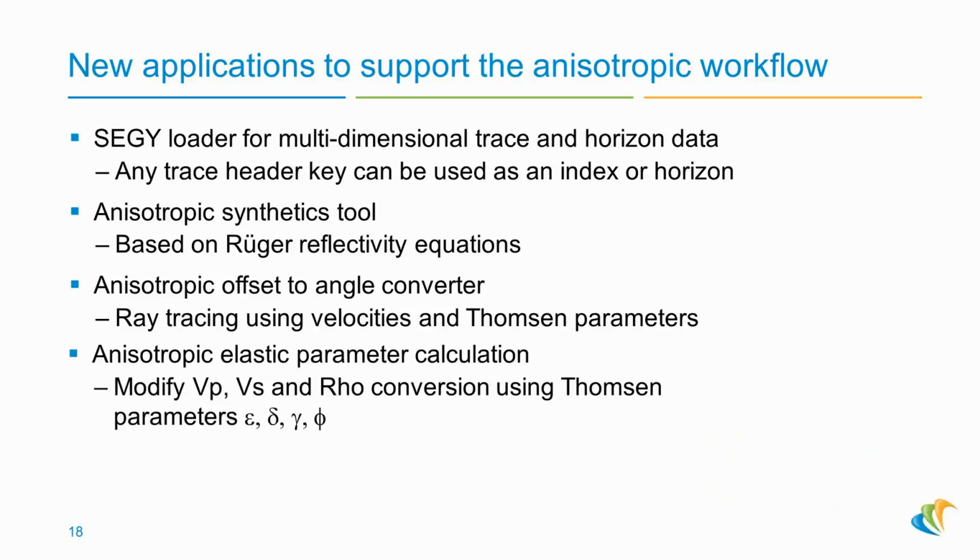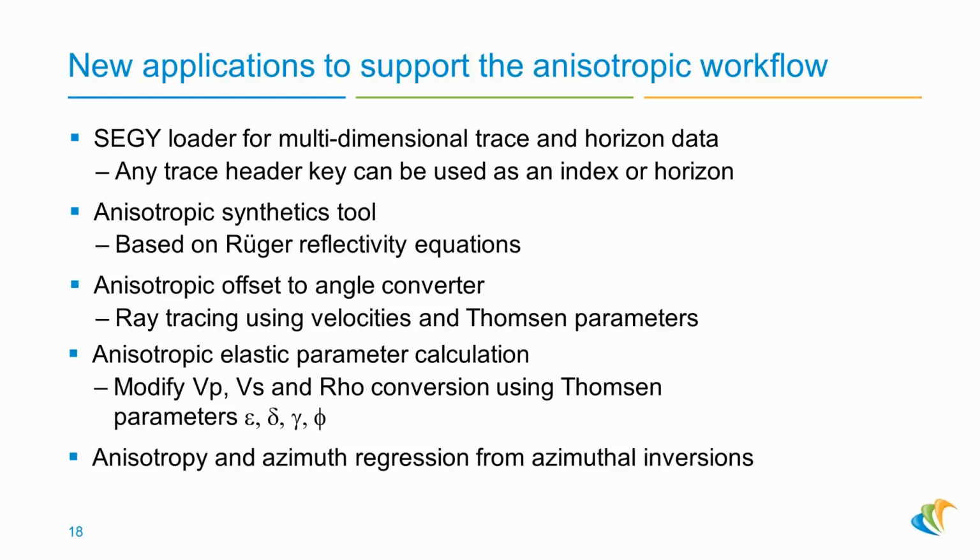We also have anisotropic elastic parameter calculation, where we can modify our isotropic elastic parameters using the Thomsen parameters to get our effective elastic parameters to be used in isotropic modeling and inversion. And we have an anisotropy and azimuth regression for azimuthal inversions, so that's our elastic volume evaluator.